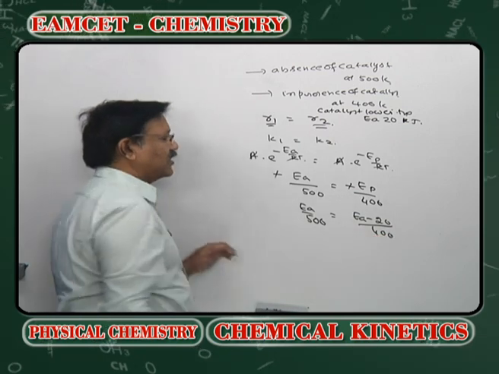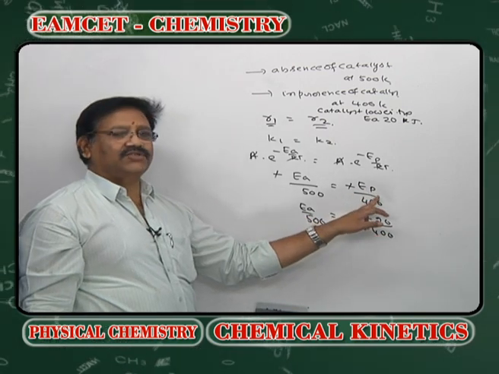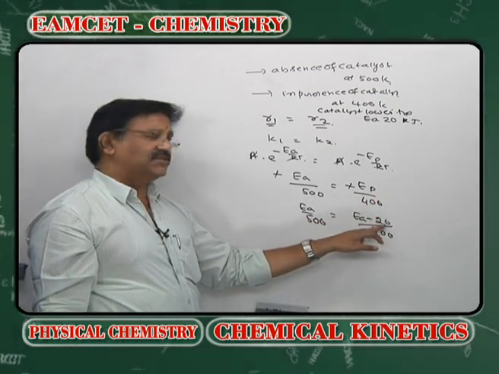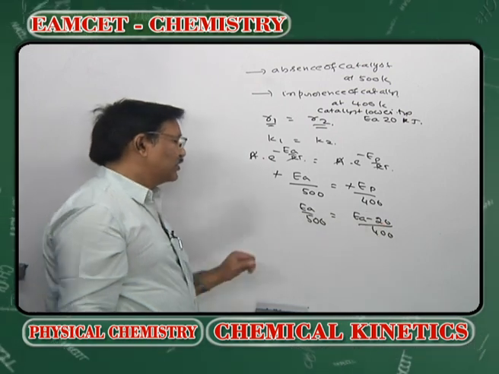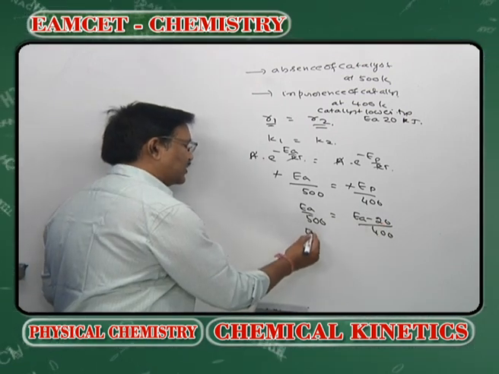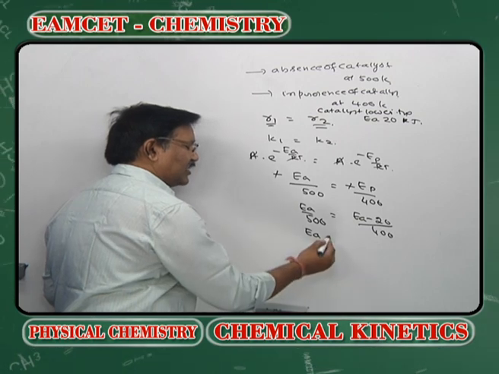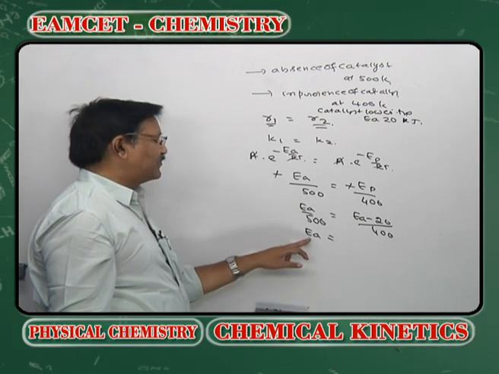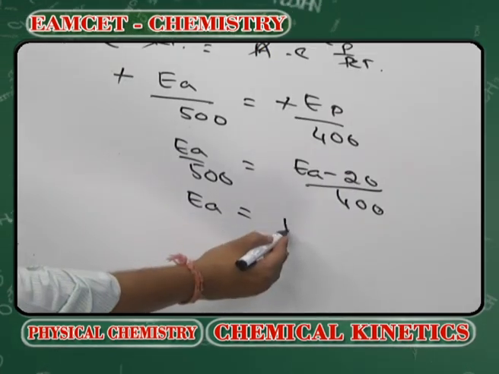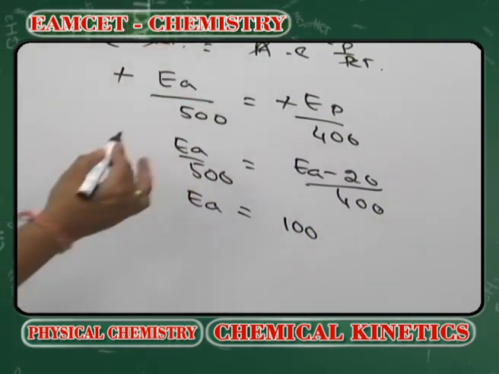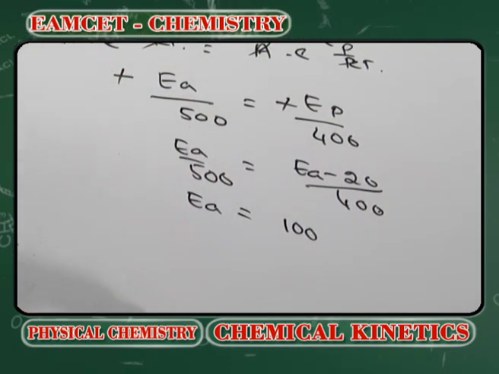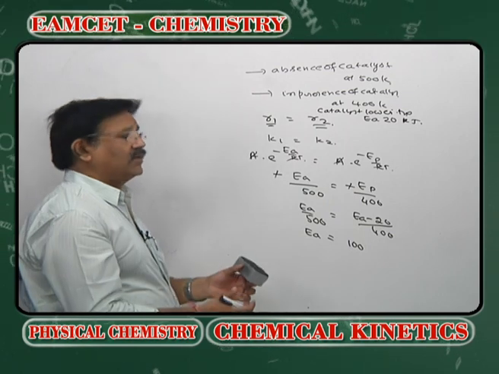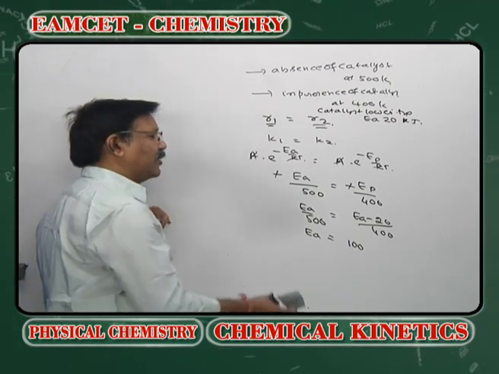Why have we taken minus 20? Because catalyst lowers the activation energy by 20 joules. Therefore, the activation energy in the absence of a catalyst will be 100. Solving this, this is the way of dealing with collision theory problems.